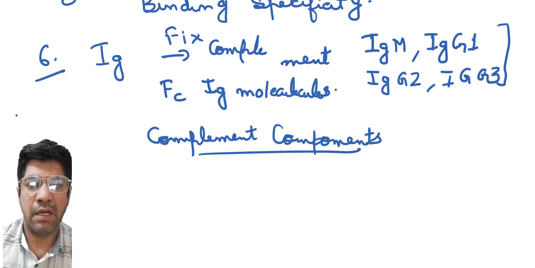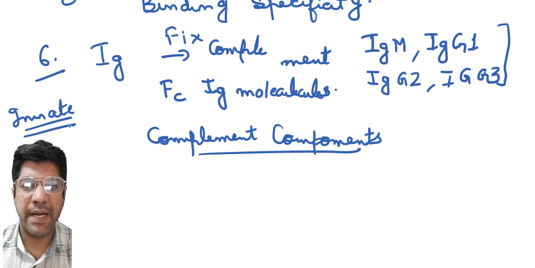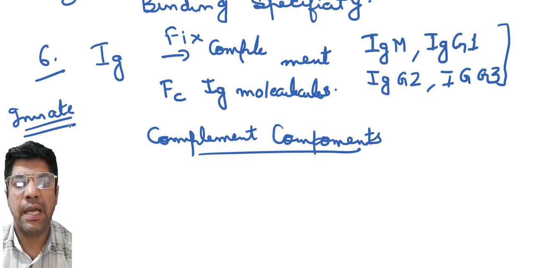The complement system was initially associated with innate immunity, which provides a rapid and non-specific defense against the pathogen. However, it has been recognized that the complement proteins also play a role in acquired immunity.